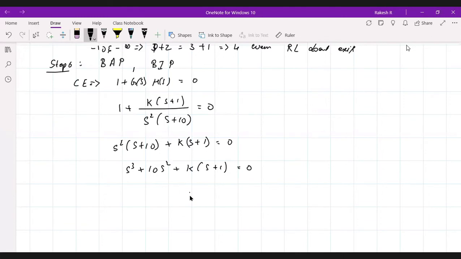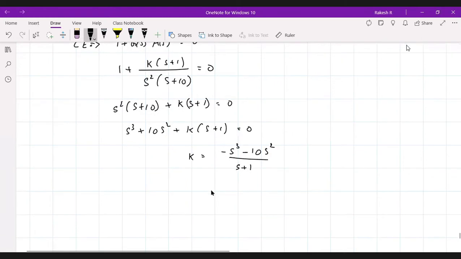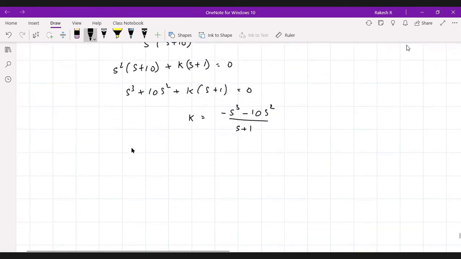I need to write it in terms of K. K equals minus (s cube plus 10s square) divided by (s plus 1). This is K here. So what we need to consider is dK divided by ds, and it should be equated to 0.